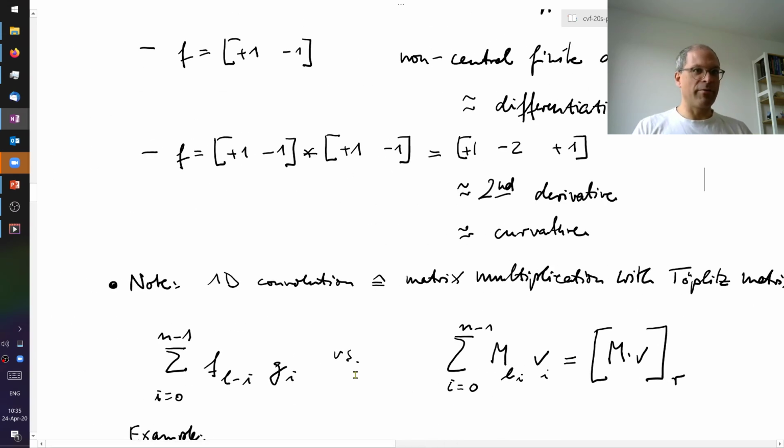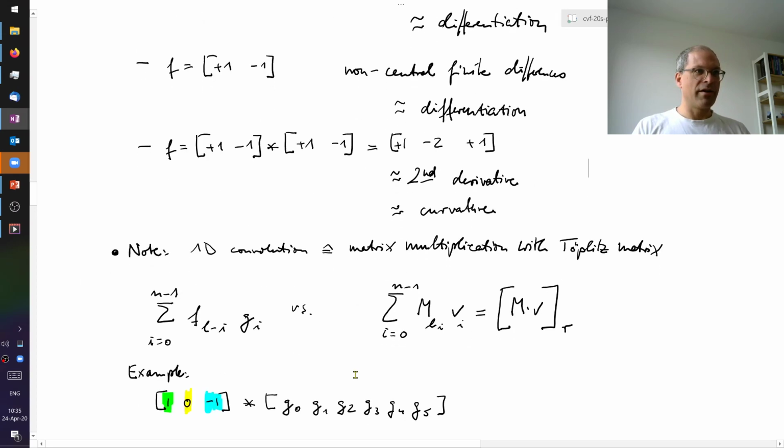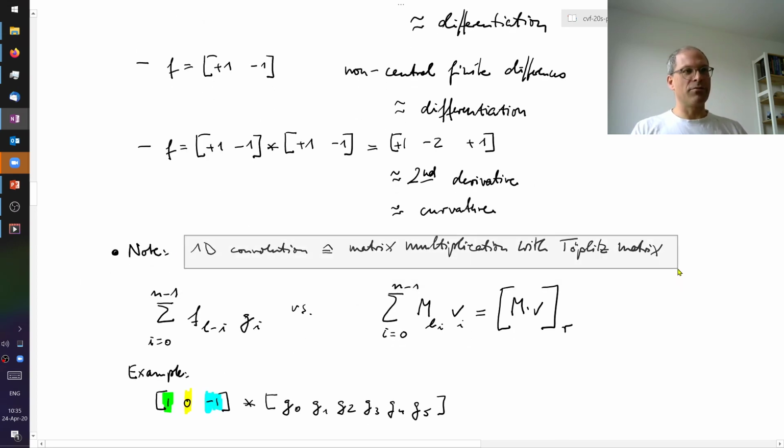Now, for next week, when we talk about the discrete Fourier transform, this observation is really important, namely that 1D convolution can also be written as matrix multiplication with a matrix that has a special structure, a Toeplitz matrix.